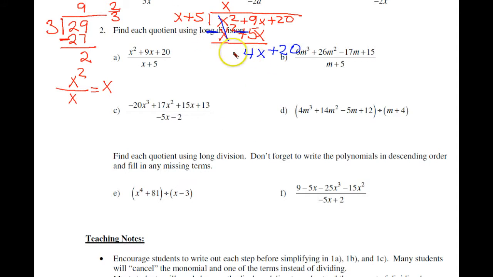Now, how many times does x go into there? Remember, the technique is 4x divided by x over here, and that's just going to be 4. So we put a plus 4 there. Now we go x times 4 is 4x. 5 times 4 is 20.